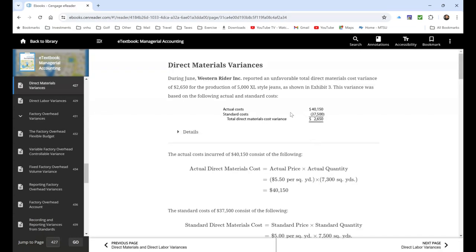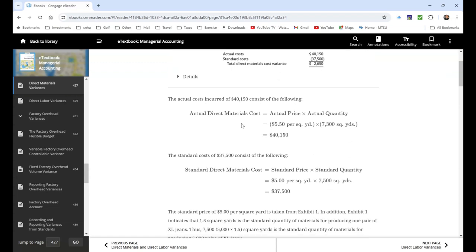So here we look again, actual cost is 40,150. We should have only spent 37,500. So actual price times actual quantity. So it was 5.50 per square yard times 7,300 square yards to get to 40,150.